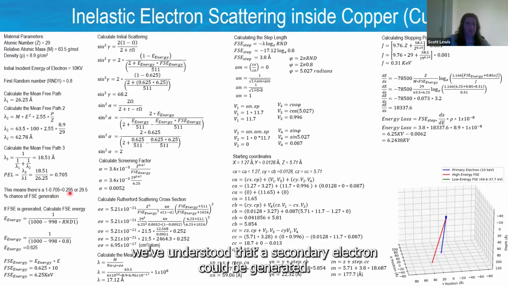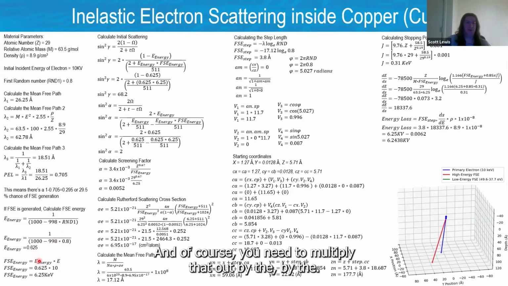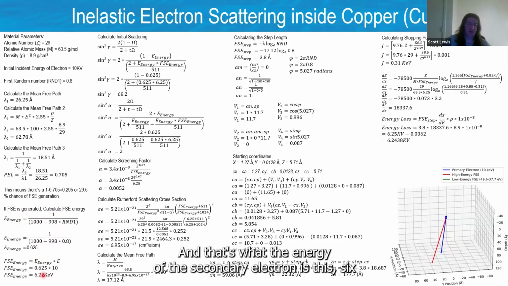Essentially, once we've understood that a secondary electron could be generated, we go through the process. We need to understand what the energy of this electron is, and it's governed by this. So we have this equation, and we get an energy of 0.625, and of course we need to multiply that by the incoming energy, and that's the energy of the secondary electron.